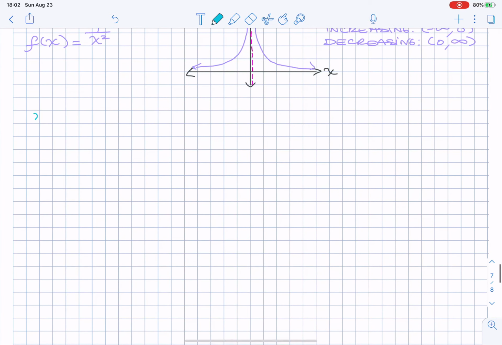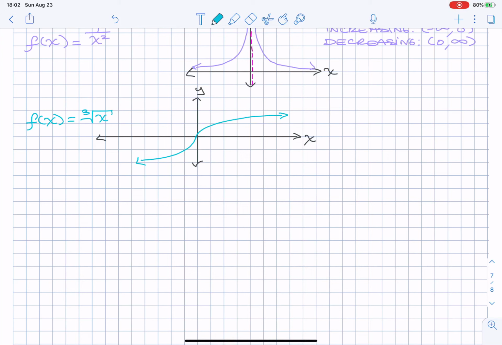Okay, so let's do the roots, shall we? Maybe the cube root of x, which is kind of similar to the cube. Only this time, instead of being vertically inclined, it's horizontally inclined. So the cubed root function looks something like so.